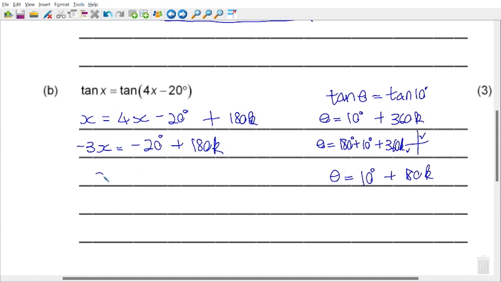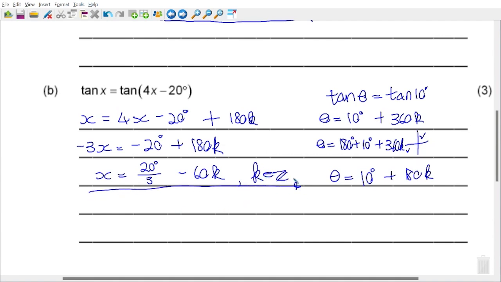And if I divide through by 3, I get x is 20 over 3 plus 60, I'm dividing by negative 3, so in fact it's going to be minus 60k. And don't forget, whenever we do a general solution, that we must say k is an integer.